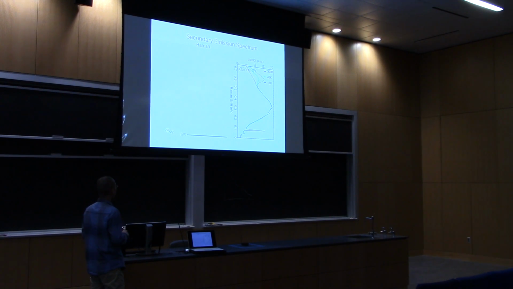Basically, the Raman process is that the electrons are excited from the ground state to a virtual intermediate level, and they drop back to lower levels. The difference between the incoming light and the outgoing light is the Raman shift plotted here.